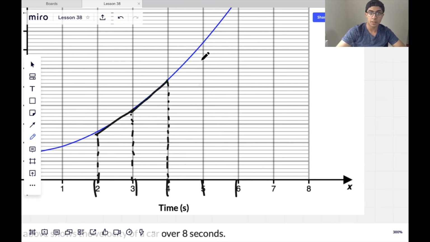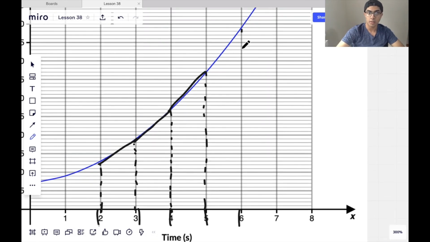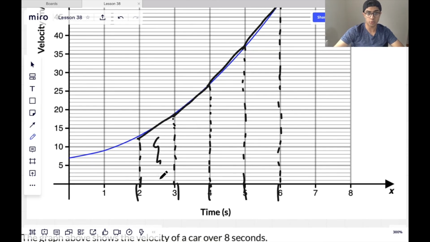And again, same thing here. Then you calculate the area of each trapezium. So you calculate the area of this trapezium, plus this, and plus that, to get your full area under the curve.